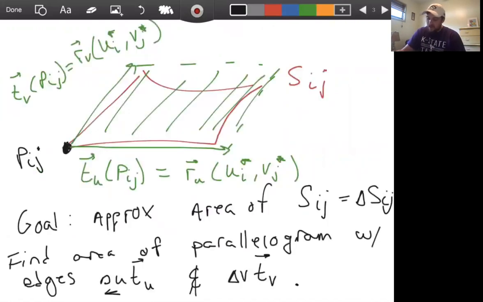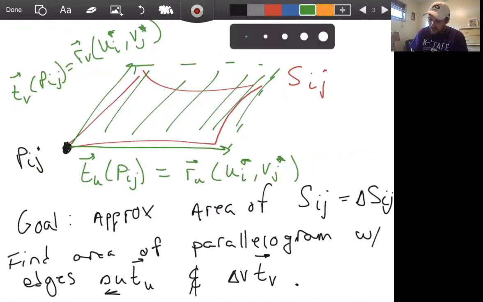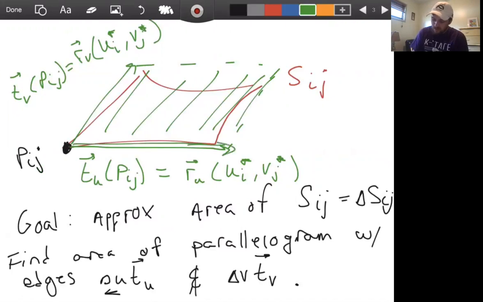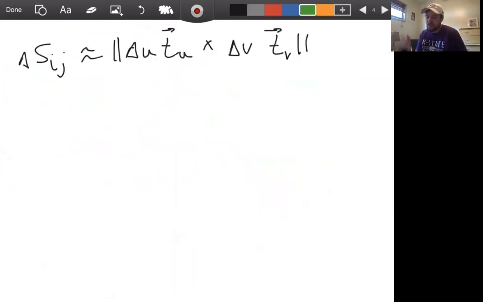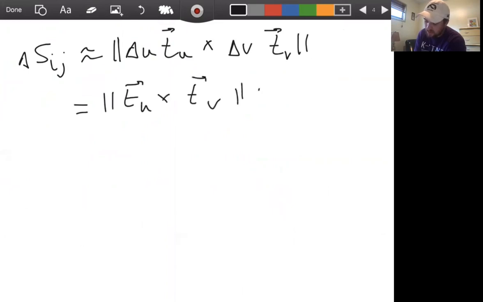You can see here, these sides are the two vectors that we're taking the magnitude of. And so they're these tangent vectors scaled to the appropriate length via multiplication by delta u and delta v respectively. Well, we know properties of the cross product and the magnitude, that this is the same as the magnitude of Tu cross Tv, and delta u and delta v are constant. So these can be pulled out front or to the back.